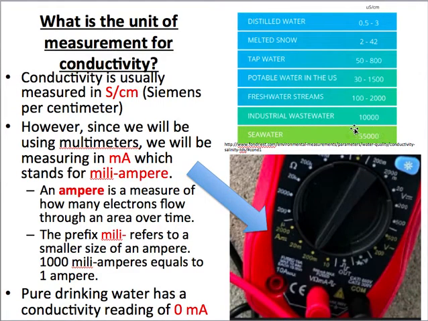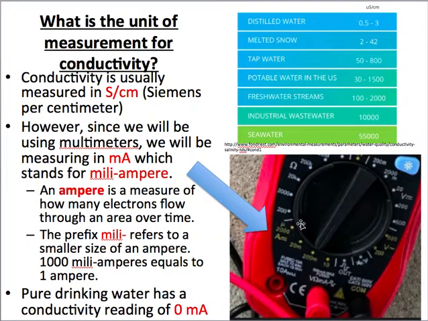If you keep going down, industrial wastewater is conductive, freshwater streams have some conductivity, drinking water in the United States and tap water have much smaller conductivity, and distilled water, which you can buy in the store, has very, very little conductivity. And you can see here the unit of measure, it's µS per centimeter. That is called Siemens per centimeter.